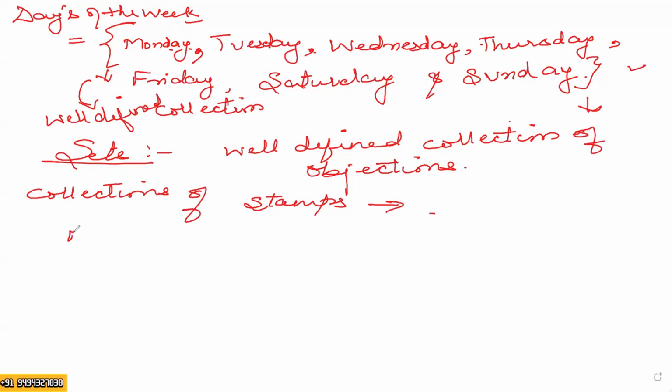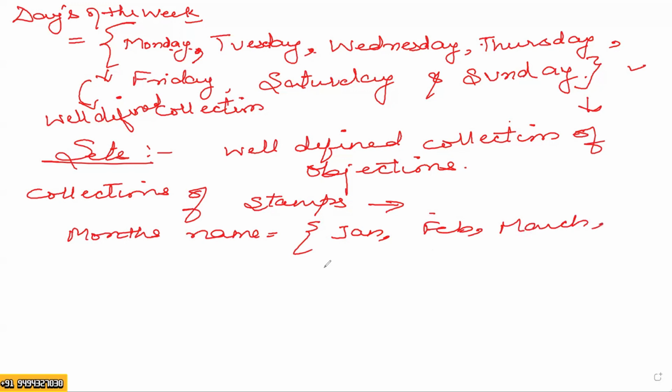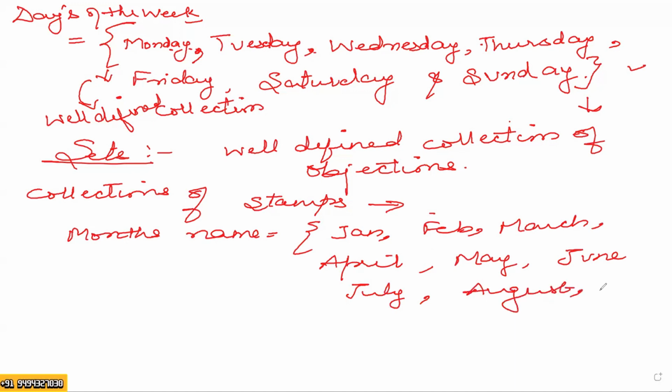Suppose you are writing months' names. Months' names you are writing January, February, March, April, May, June, July, August, September, October, November, and December.